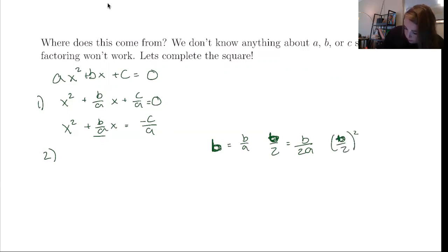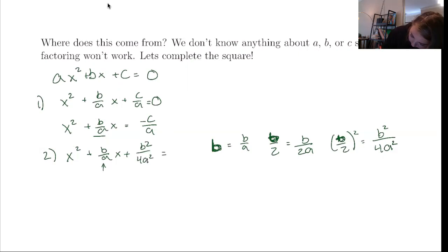Bold B over 2, squared, would be b squared over 4a squared. So I do x squared plus b over a x plus half of that squared, b squared over 4a squared, and then minus c over a. Oops, I need to move this over.